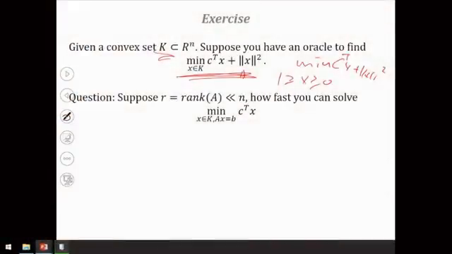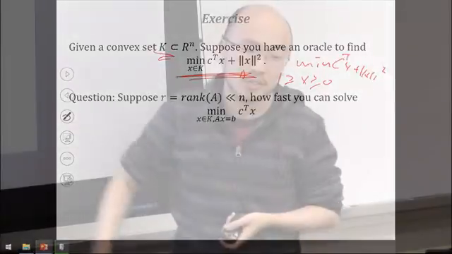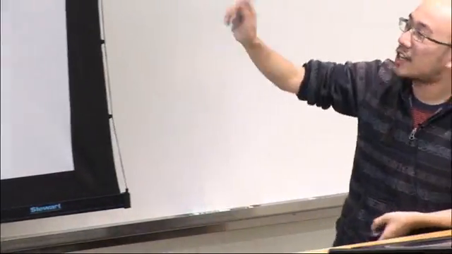And this is not like an LP, because for an LP you have some matrix A inside that makes everything difficult. For this one, it is usually easy to solve. And now suppose we want to solve a problem like this. We want to minimize a function in the convex set subject to some linear constraint, and assume the number of rows is not too many. Then the question is how fast you can solve this.